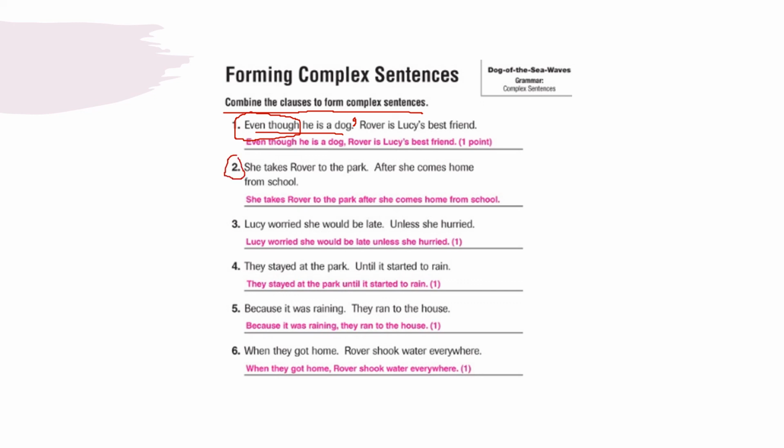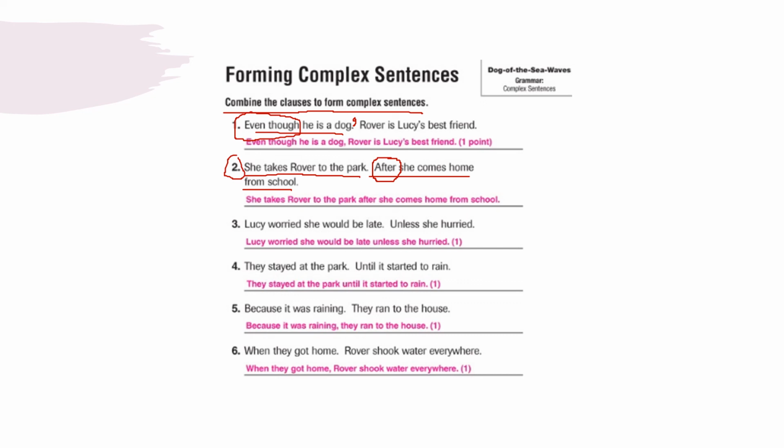Let's see sentence number 2. She takes Rover to the park, full stop. After she comes home from school, full stop. Here, the first clause that we have is she takes Rover to the park, which is the independent clause. And then the subordinating conjunction and the dependent clause are the other one. So in this case, do you think we have to put a comma? No, no comma. Why?